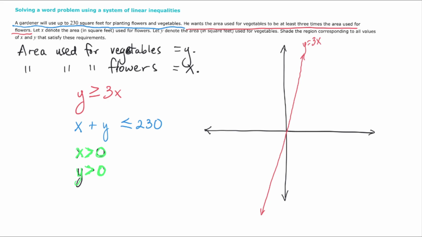And where is x greater than 0? Well, that is resembled by this vertical boundary here. And this vertical line is actually labeled x equals 0. How about y greater than 0? y greater than 0 is going to be indicated by this line. So this line here is actually y equals 0.